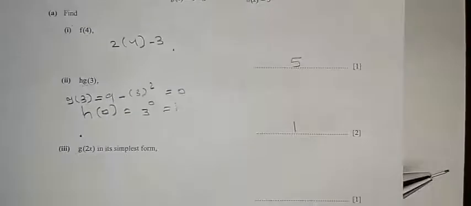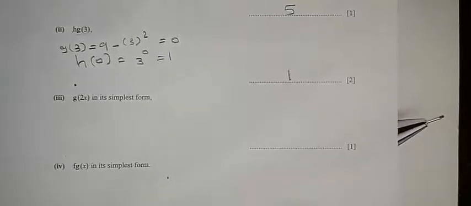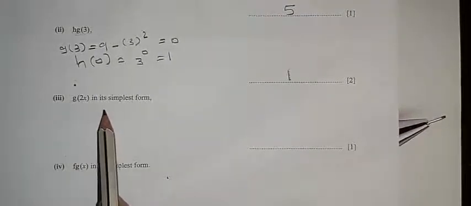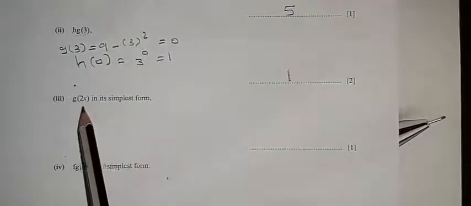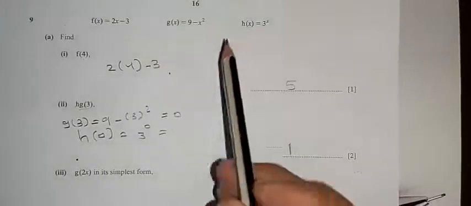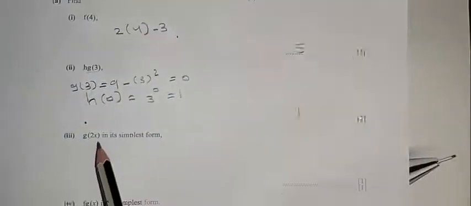In the next part, we need to find g(2x) in its simplest form. g is 9 minus x squared, so we replace x by 2x.